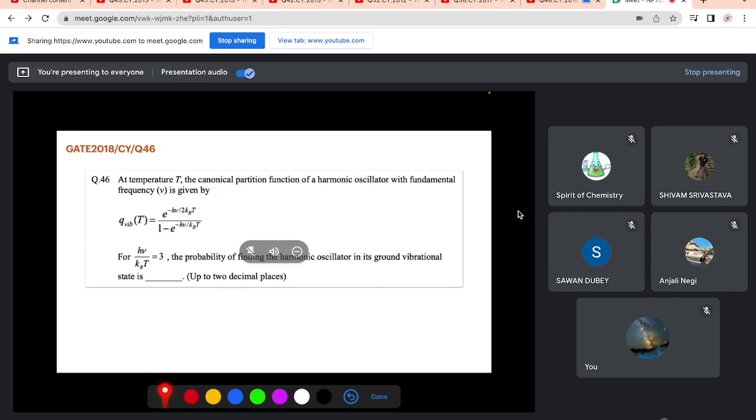We can write it as e to the power minus beta Ej, where beta is equal to 1 upon kBT and Ej is the energy, and in the denominator you get the sum over all the j states of the exponential of minus beta Ej.